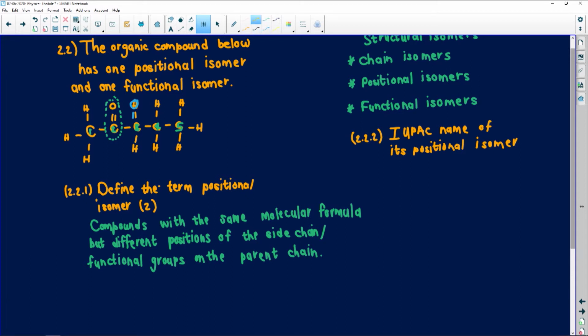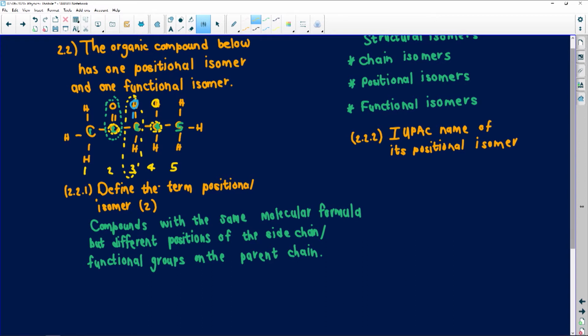Let me number it here: 1, 2, 3, 4, 5. This O is still sitting on the third carbon. If I was to move this O here, it means now I've numbered it in this direction: 1, 2, 3. So this will be the second one, and it's also the second one here, which means I cannot use this one. This only has one positional isomer.